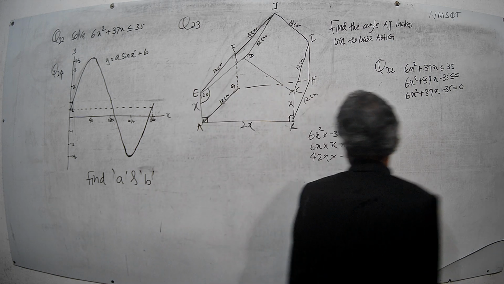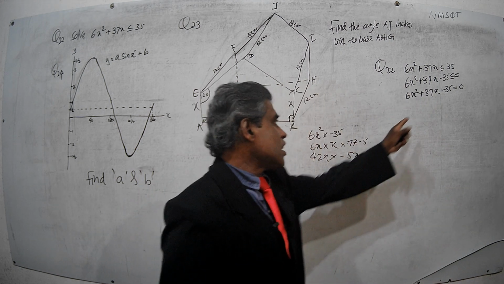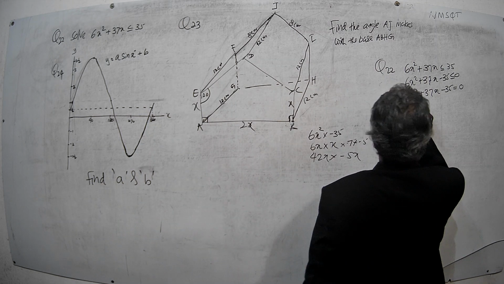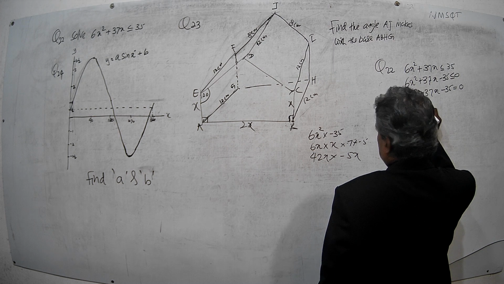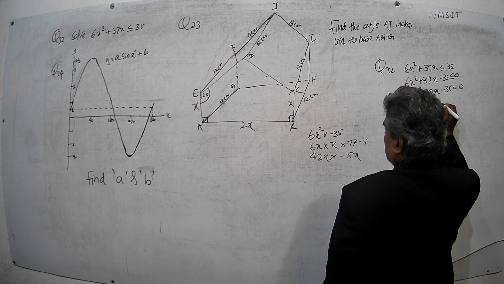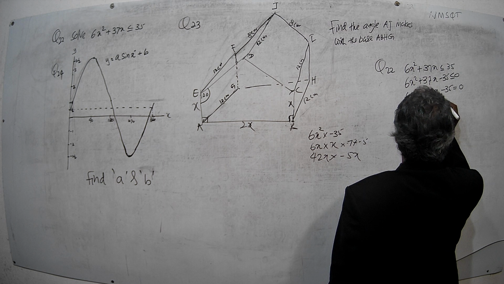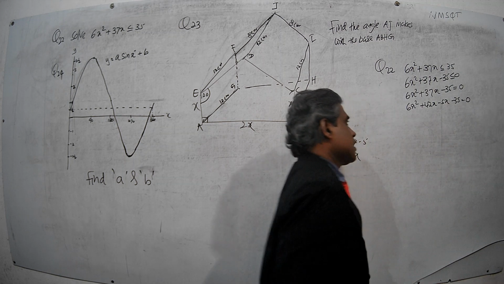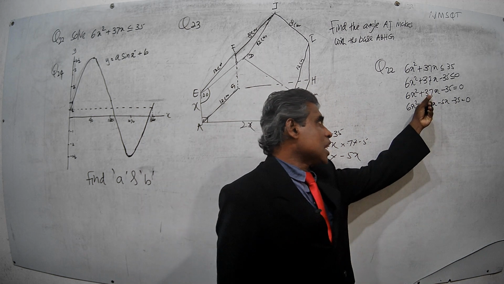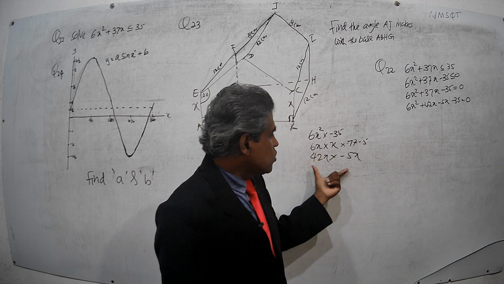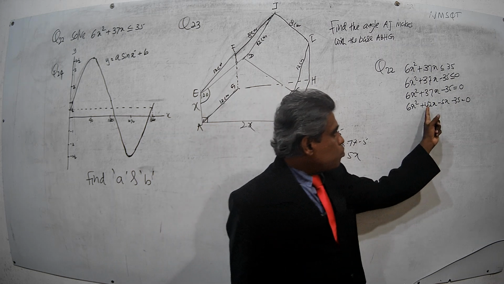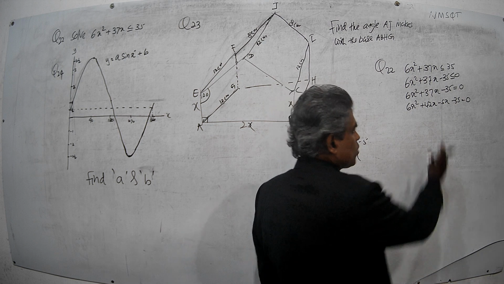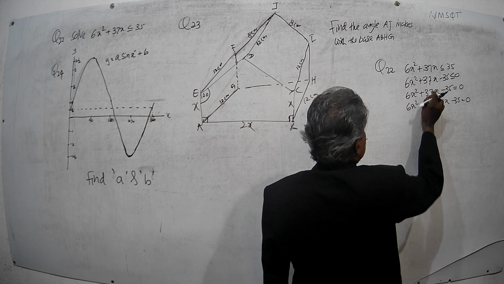Then we write 6x squared plus 42x minus 5x minus 35 equals 0. What was done here was to write this 37 in terms of these two factors. Positive 42x minus 5x is 37x, right? The sum of the two factors equals the middle term coefficient.